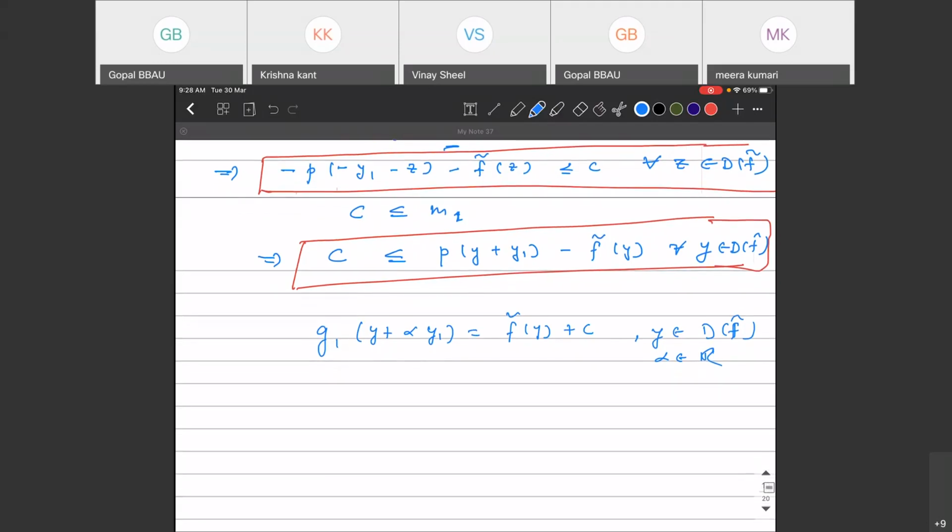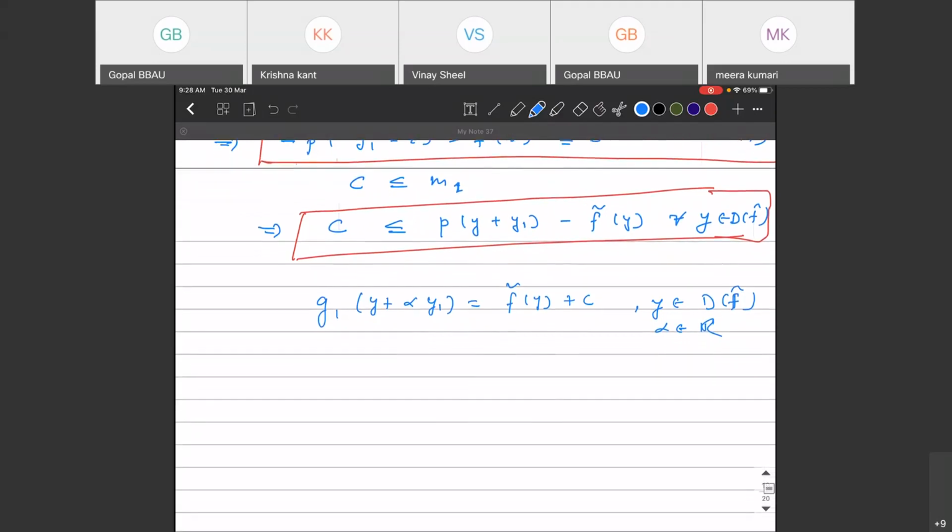So now we divide alpha into three parts: alpha negative, alpha equal to 0, and alpha positive.